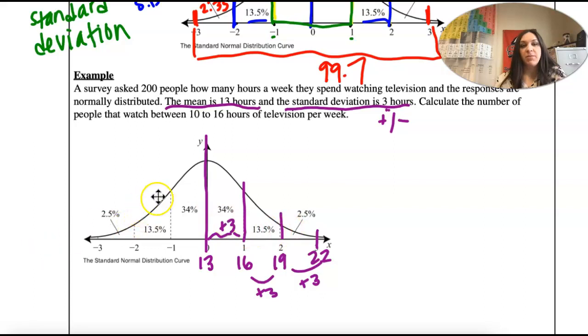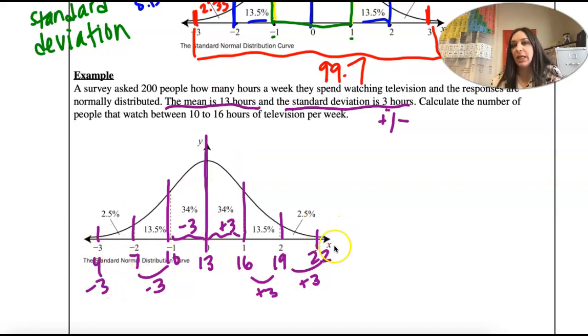Then we do the same thing back. So this line would be minus 3 because we're going backwards. So that would be 10. This line would represent 7 minus 3. And this line would represent 4. So that's how we label it. The mean plus or minus the standard deviation.